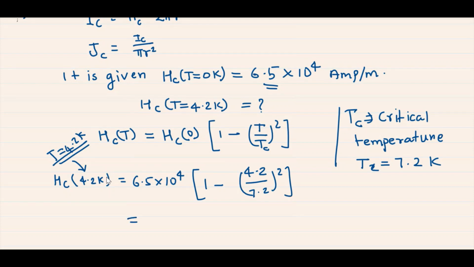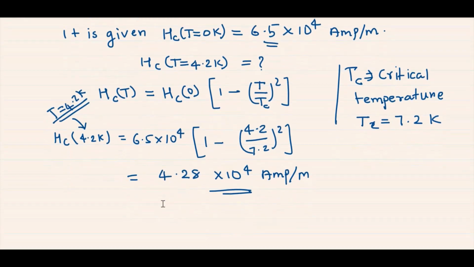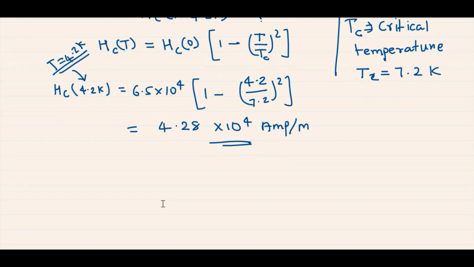Take your calculator and do this, and we get 4.28 into 10 power 4 ampere per meter. So we found Hc.